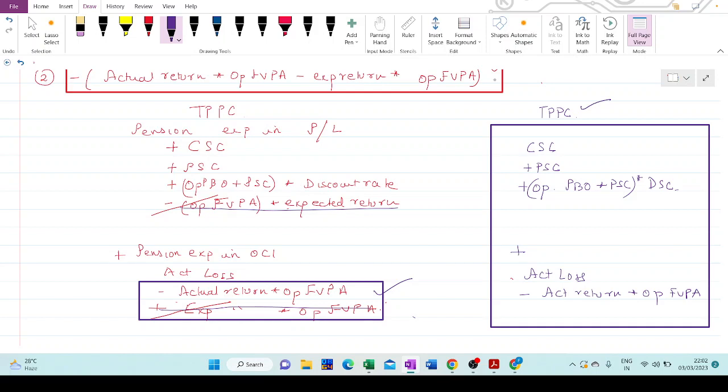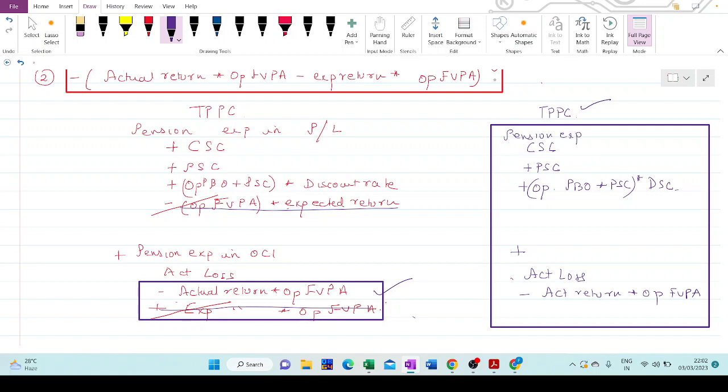Third thing that we have ensured is that the actual return, which is an unrealized gain, is being reported in the OCI, and that is the very purpose of creation of the OCI, to report unrealized gains and losses, right?